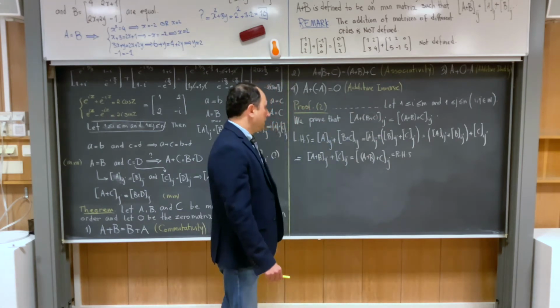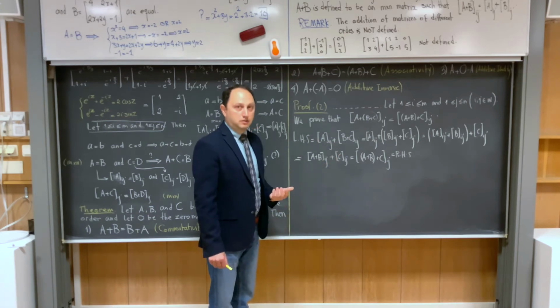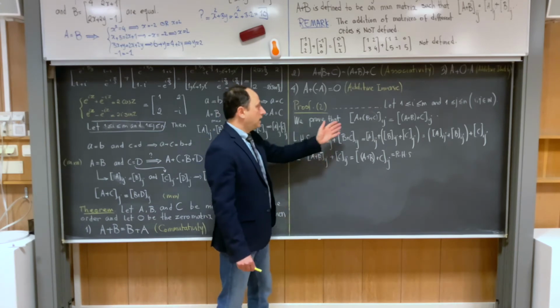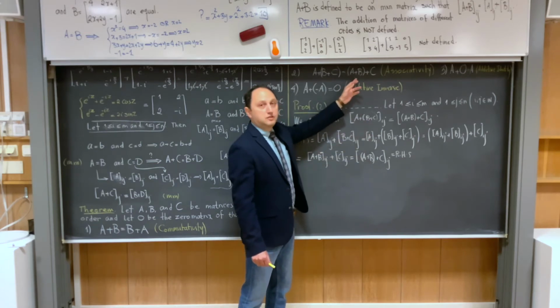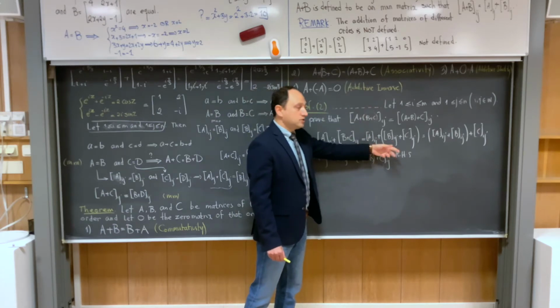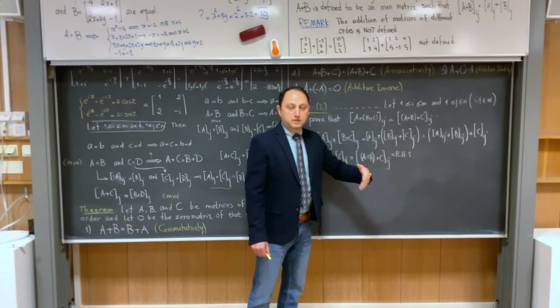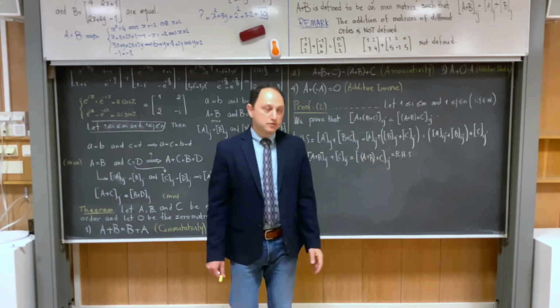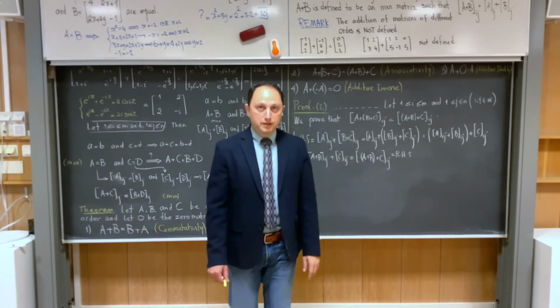Okay? So I hope that you understand that this is not a circular argument. Yes, I reduced the question of whether addition of matrices is associative or not to the question of whether the addition of numbers is associative or not. And because I know that the addition of numbers is associative, I was able to prove that the addition of matrices is also associative. Okay.